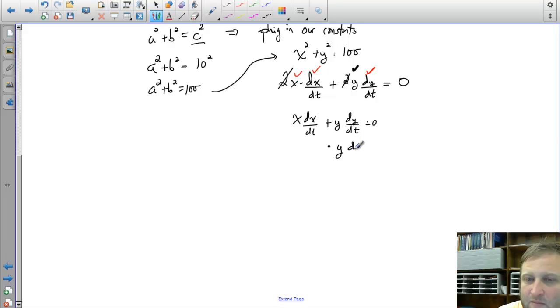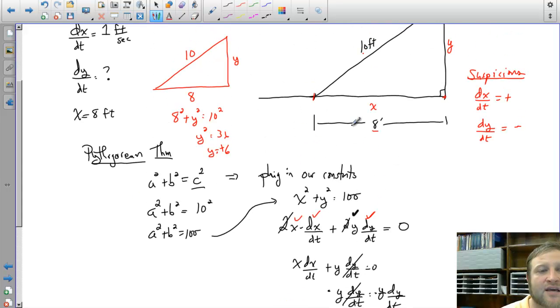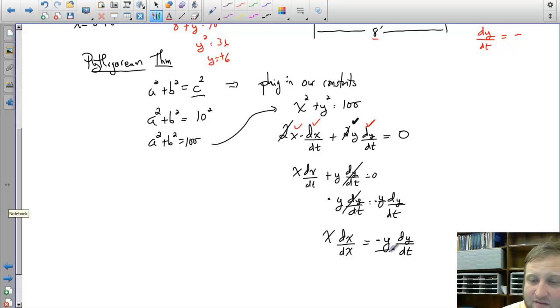I'm going to subtract y dy dt, so it cancels over here, and I get x dx dt is equal to negative y dy dt. And again, we want to isolate for dy dt, so we're going to divide everything through by negative y.